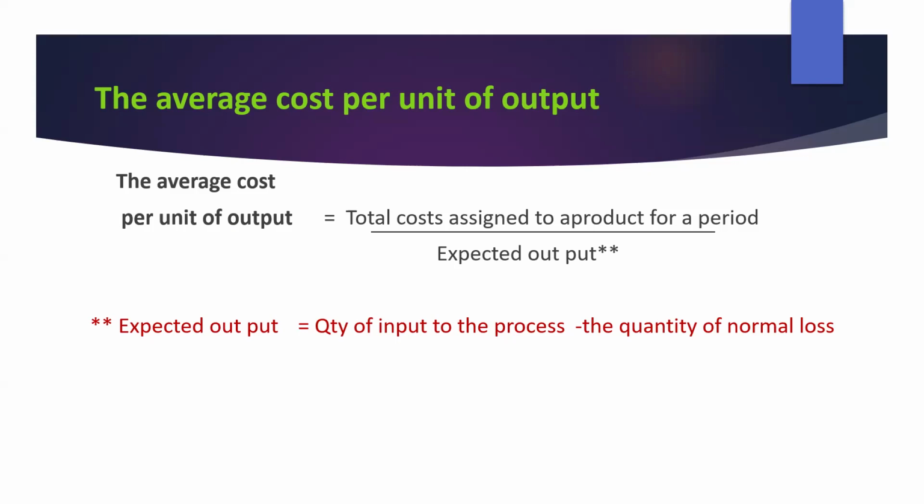Expected output does not mean the total quantity. It is the quantity of input to the process minus the quantity of normal loss. So whatever the inputs of materials, we are going to reduce the normal loss to calculate the expected output.